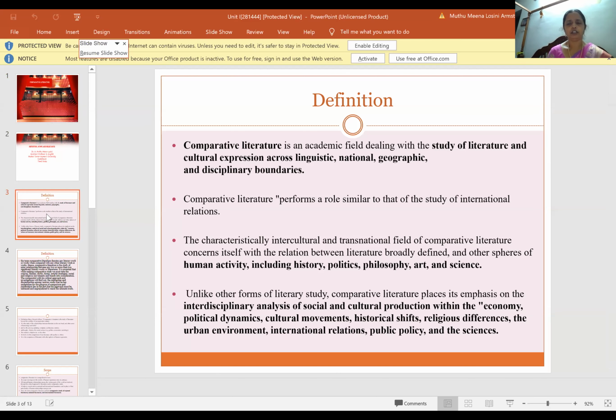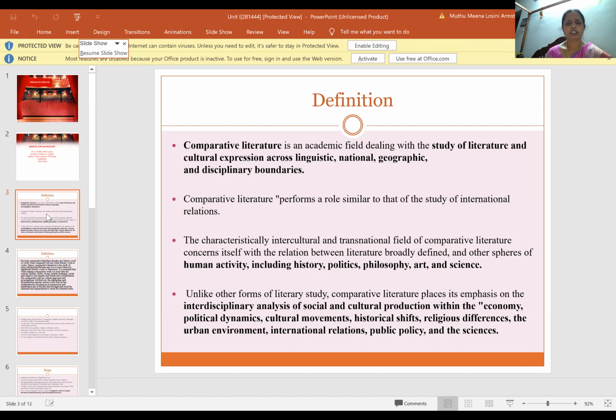So we have seen the definition, that is, comparative literature is an academic field dealing with the study of literature and cultural expression across linguistic, national, geographic, and disciplinary boundaries. Comparative literature performs a role similar to that of the study of international relations.